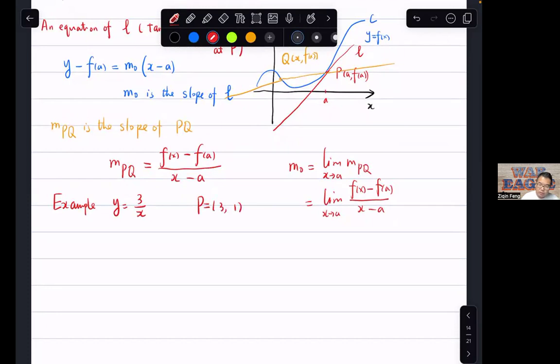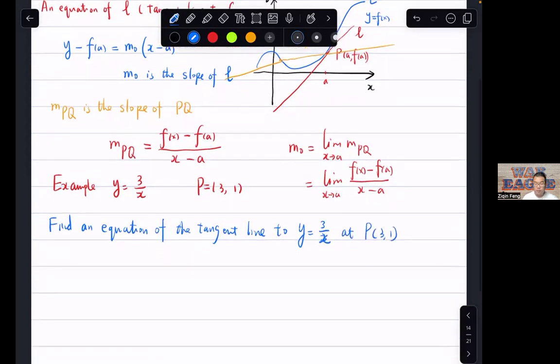What we want to do here is find the equation of the tangent line to the curve y equal to 3 over x at the point P (3, 1).